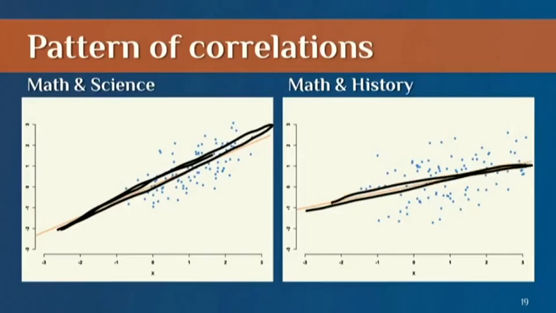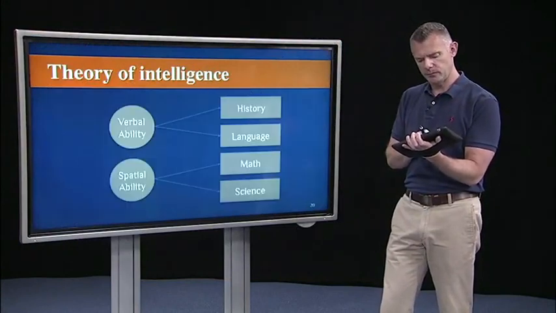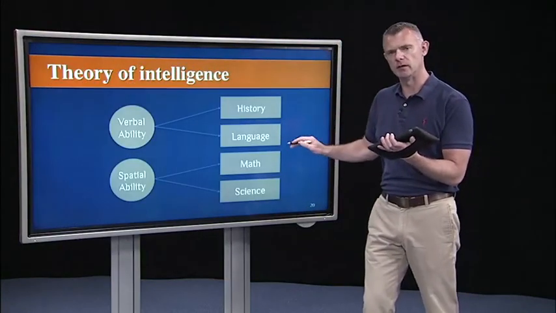Even though this is a positive correlation, the slope of this line is going up. The correlation between math and science scores tends to be higher than the correlation between math and history scores. So Thurstone argued that there are different types of intelligence.